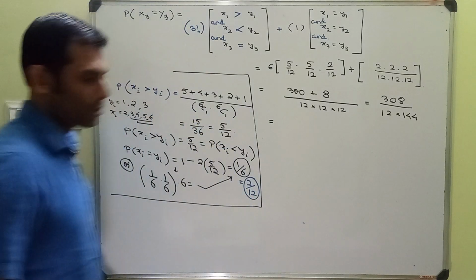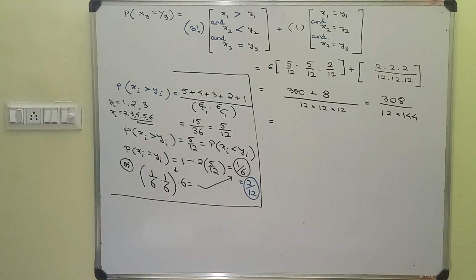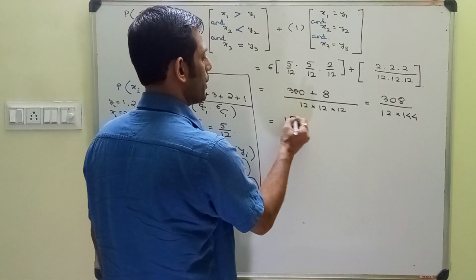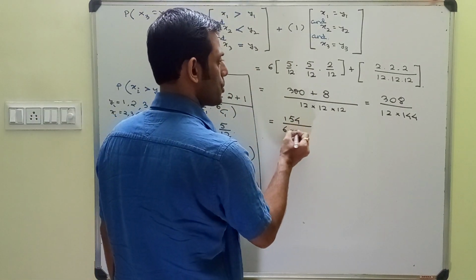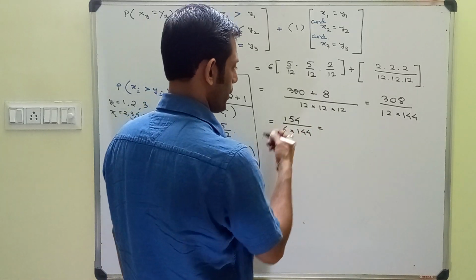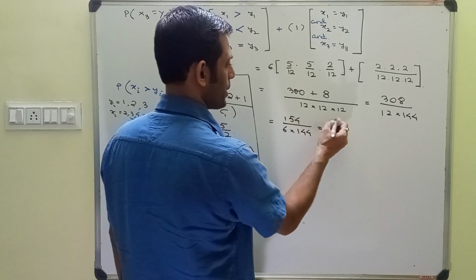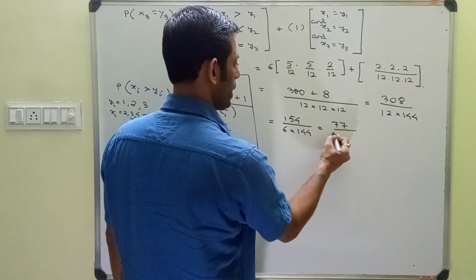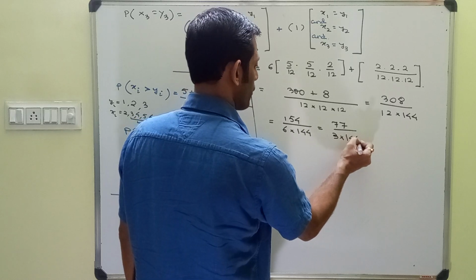If we reduce this, then what we get is 154 by 6 into 144. Then we can reduce it to 77 by 3 into 144.